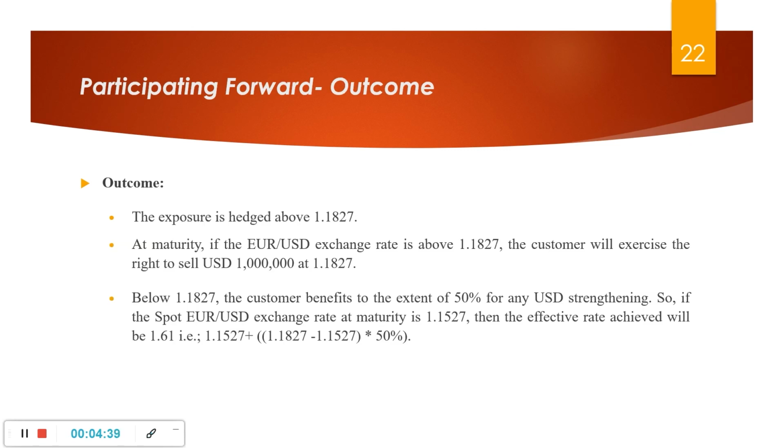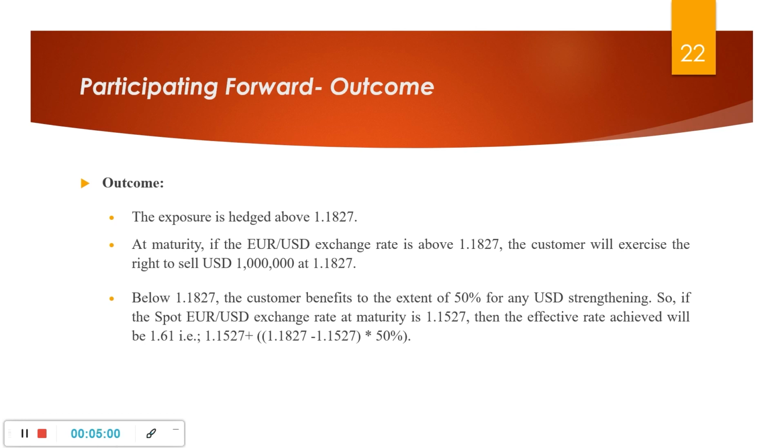The outcome of this exercise would be that the exposure is hedged above 1.1827. At maturity, if the Euro USD exchange rate is above 1.1827, the customer will exercise the right to sell USD 1 million at 1.1827.